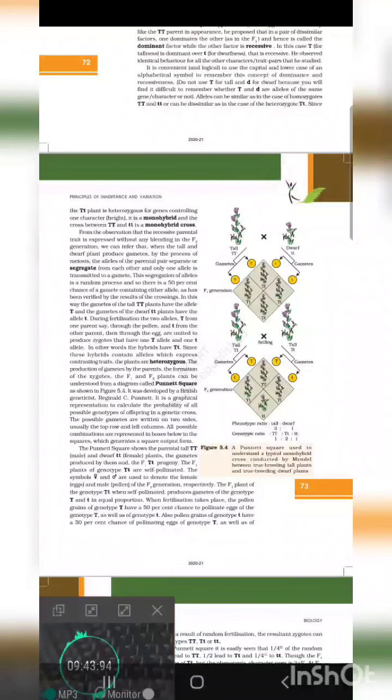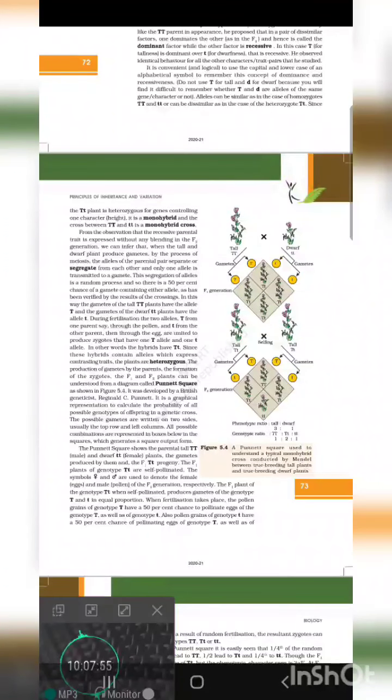From the observation that the recessive parental trait is expressed without any blending in the F2 generation, we can infer that when the tall and dwarf plants produce gametes by the process of meiosis, the alleles of the parental pair separate, or segregate, from each other and only one allele is transmitted to a gamete.